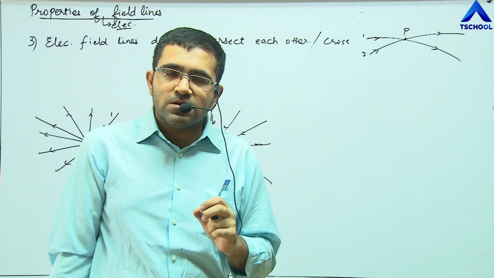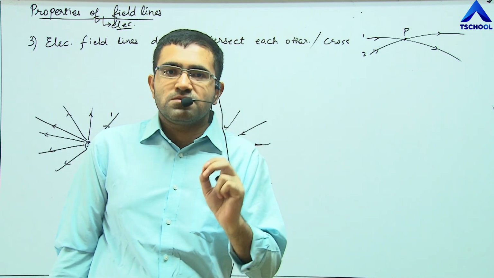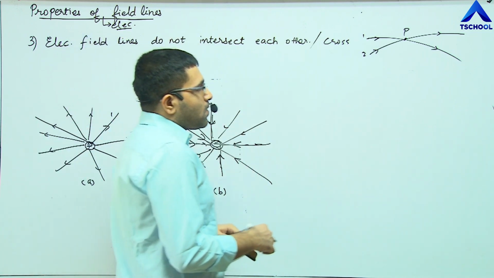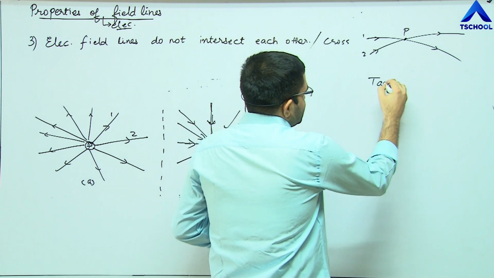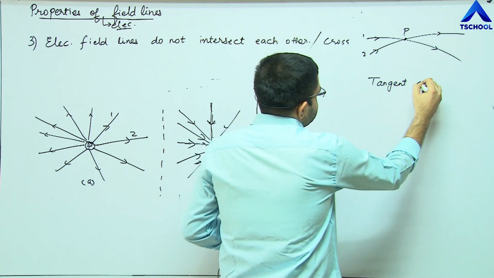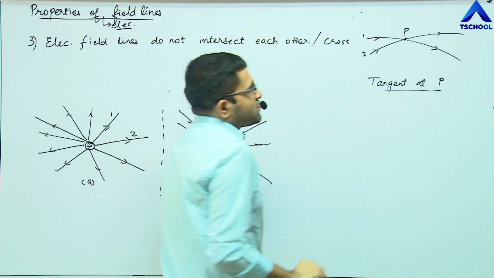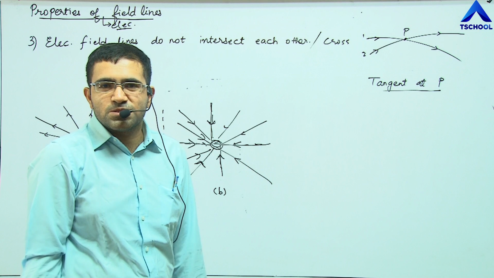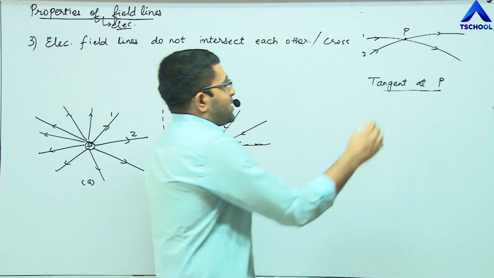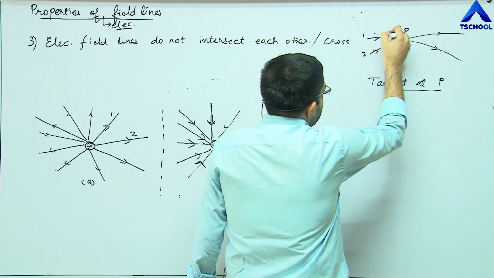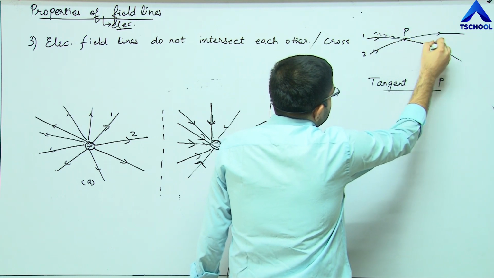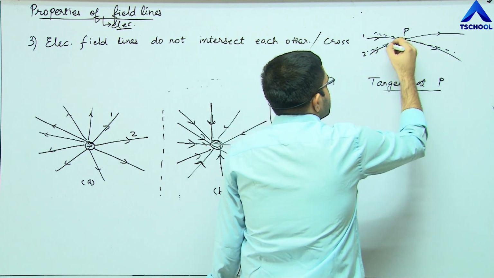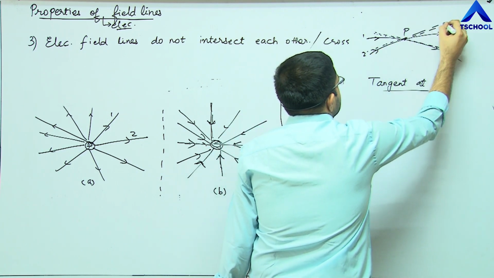If you recall the basic ideas behind a field line, electric field line, it is that if we draw a tangent at P, we're going to end up in a very strange situation. I could draw the tangent in this direction, possible, or I could draw it in this direction, right?